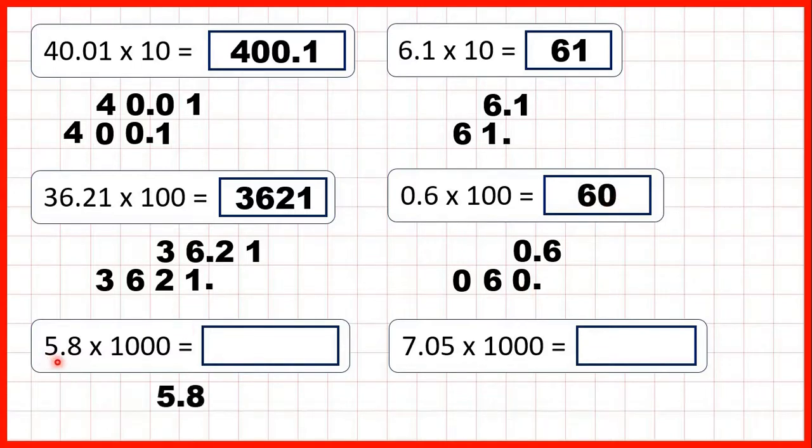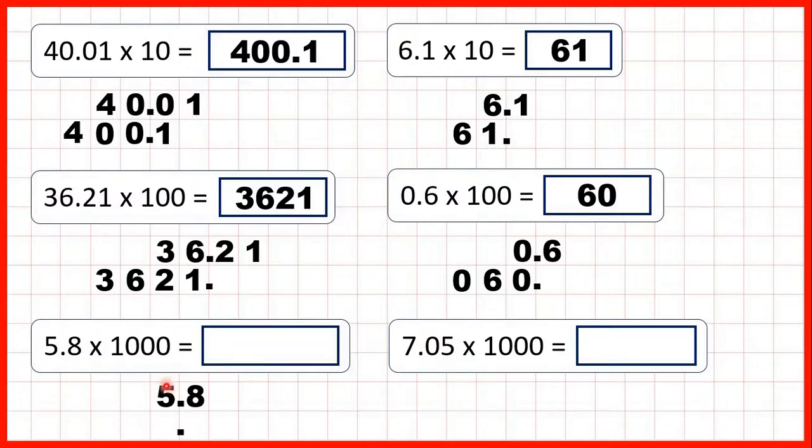Now we have 5.8, so we write the number out and copy down the decimal point, and this time we're multiplying by 1,000. Now multiplying by 1,000 is like multiplying by 10 and then by 10 again and then by 10 for a third time, and that's why to multiply by 1,000 we need to move our digits 3 squares to the left.